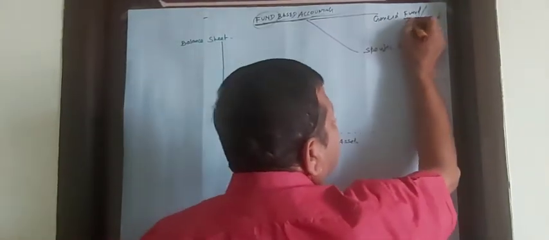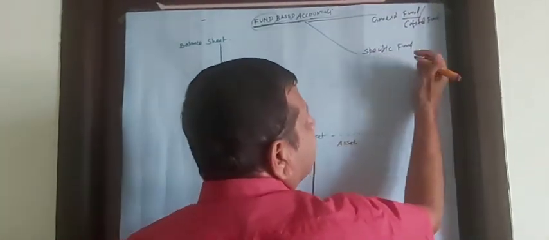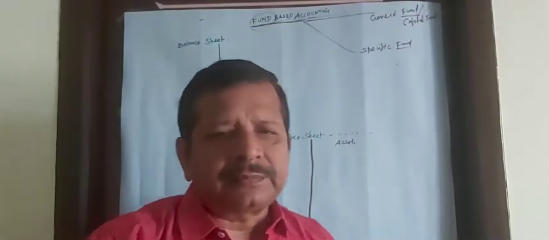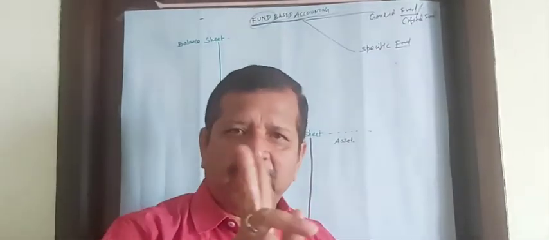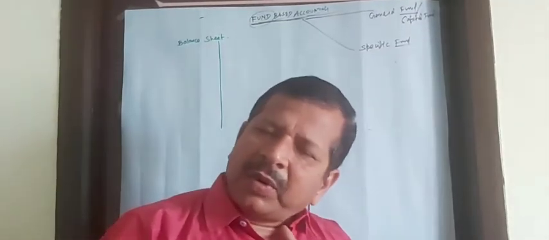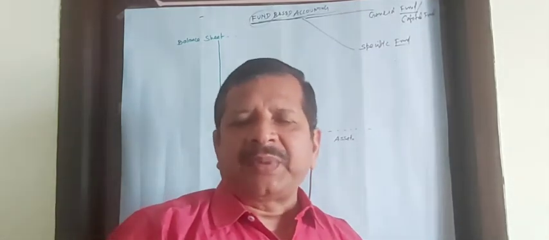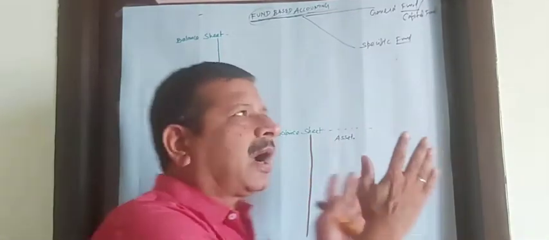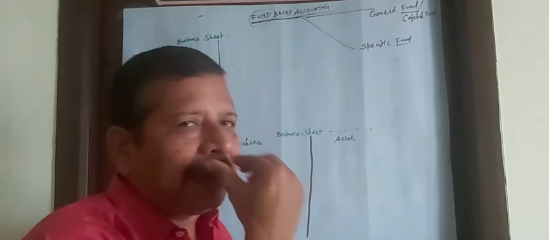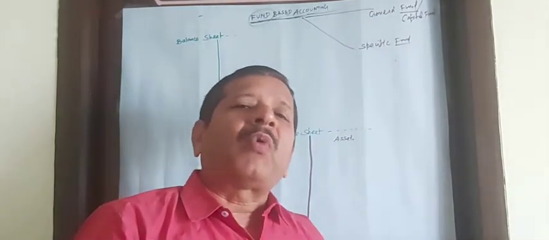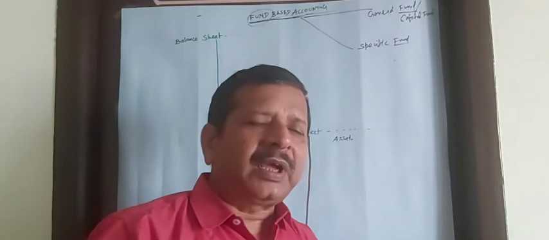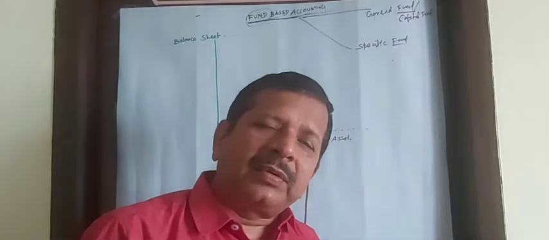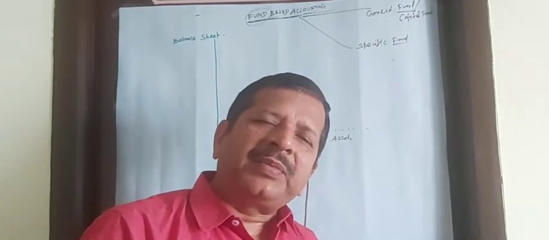Whether it is a general fund or a specific fund, a fund will be a liability. There are only two funds. Number one is the general fund or capital fund. Number two is the specific fund. Both funds will be recorded on the liability side of the balance sheet. If you ask why: last year when we were preparing the trading and profit and loss account, where did the profit go?